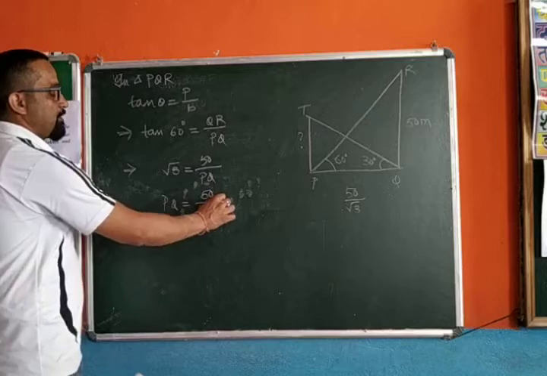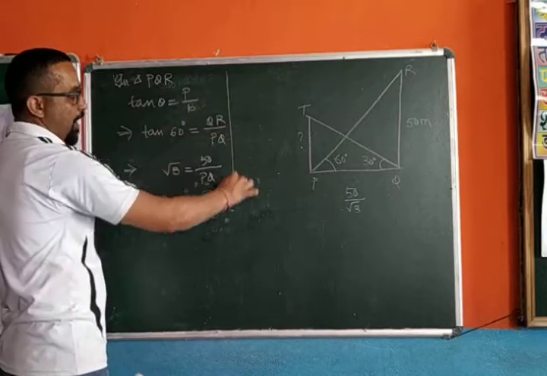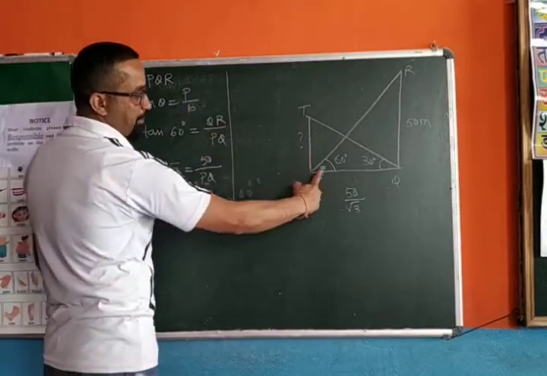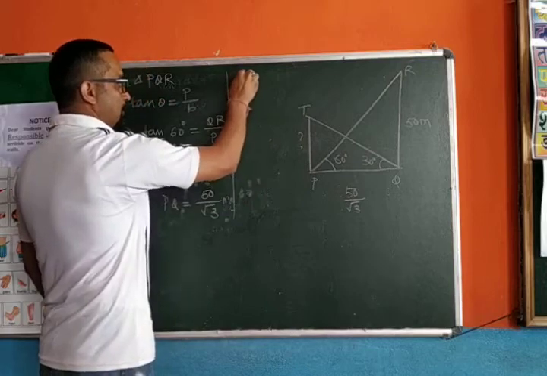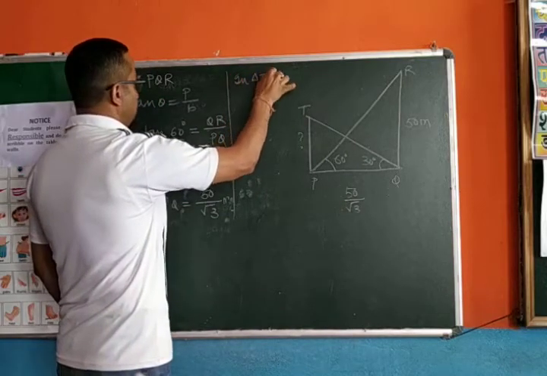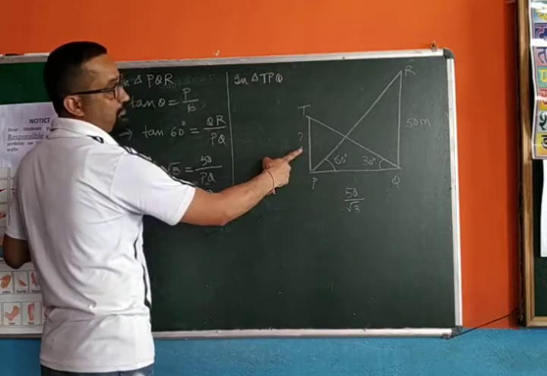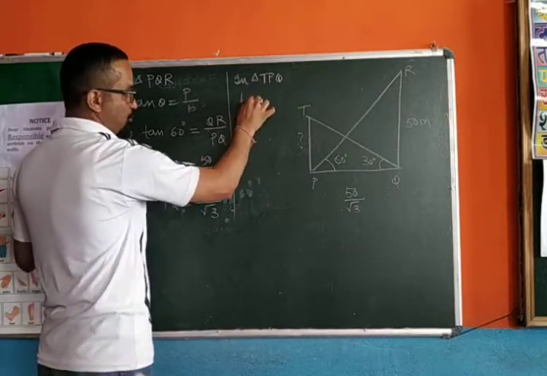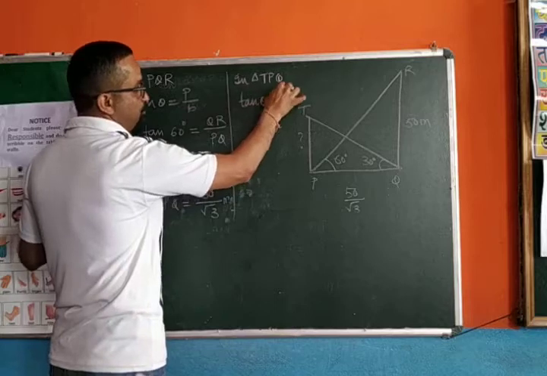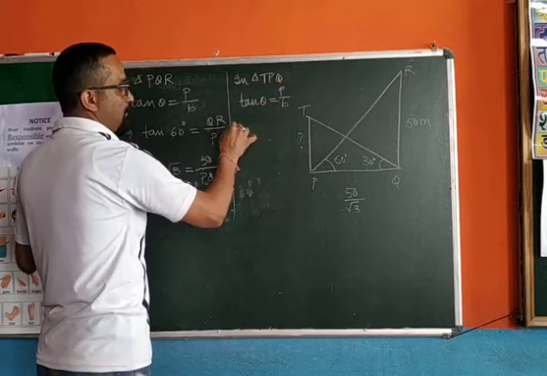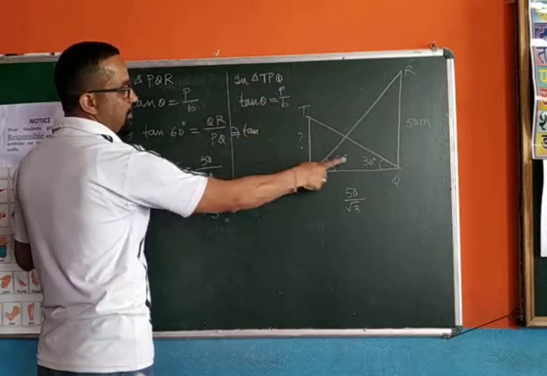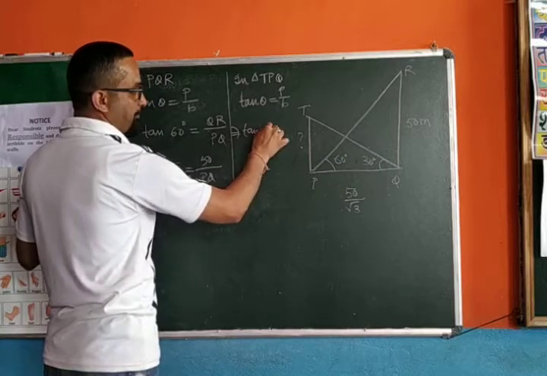And once you get this, use another triangle here, TPQ. In triangle TPQ, you know the base; the perpendicular is not known. Again use tan theta. Tan theta is perpendicular upon base. Tan theta is 30 degrees.